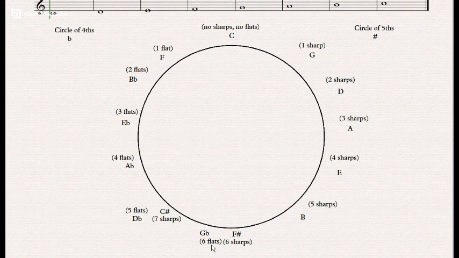Now we're at 6 flats, 7 flats. So over here where this B was, I would use the enharmonic note. B would be the same as C flat, and it would have the 7 flats. So we put these sharps a little better.